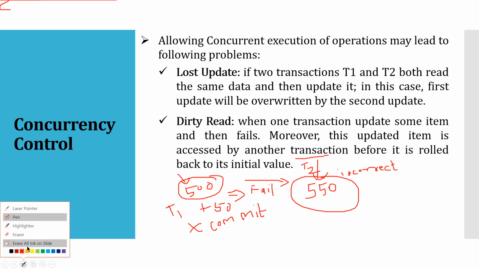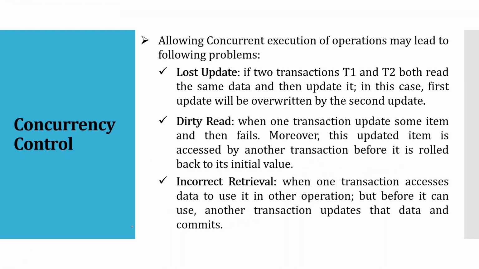And the third one is incorrect retrieval. That means when one transaction accesses data to use it in another operation, but before it can use it, another transaction updates that data and commits. So again, see, T1 has the initial value 500, right?